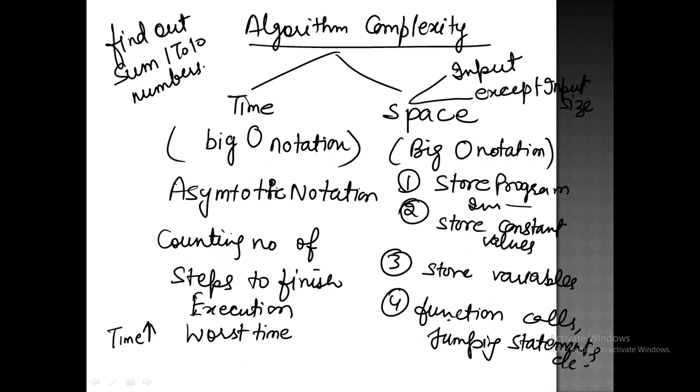Space complexity is a combination of input size plus auxiliary space.